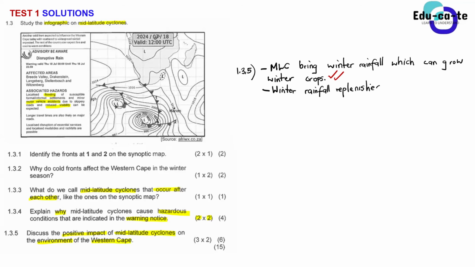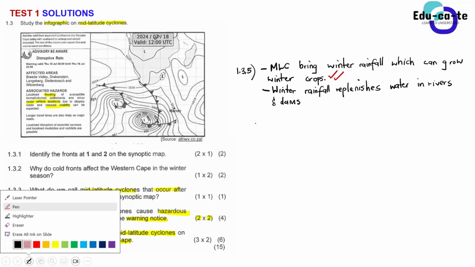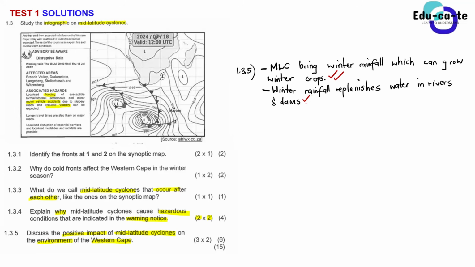So it replenishes water in rivers as well as dams, and you know that water can be used to do many things. So we are going to attend to your questions. Let's go for a 10 minutes break so that we come back and finish up with the corrections.